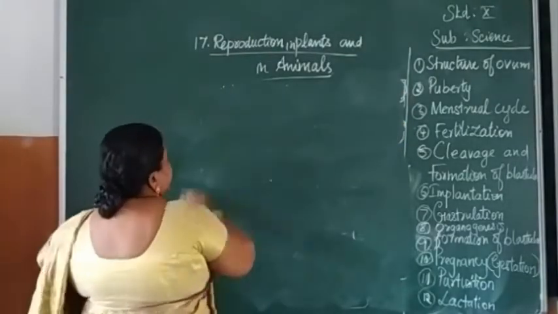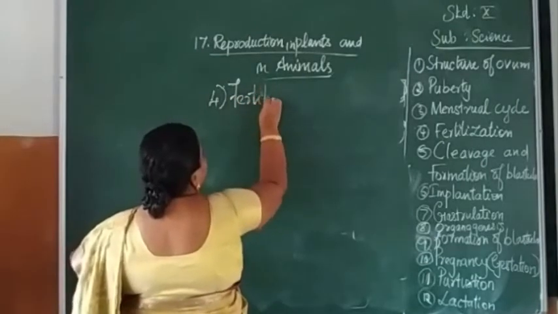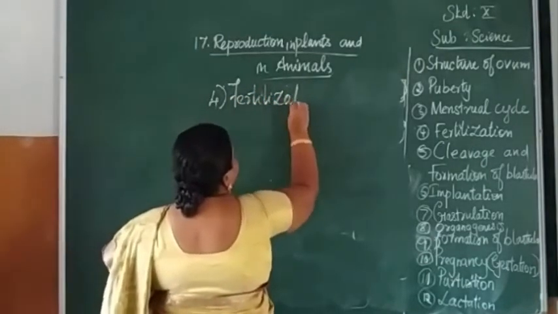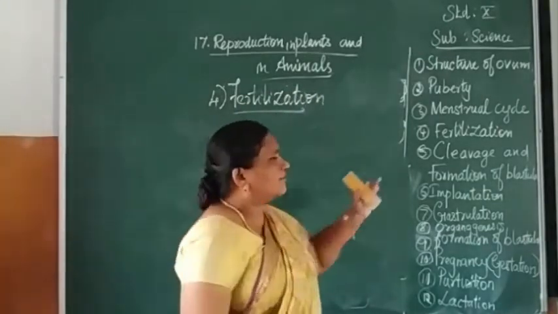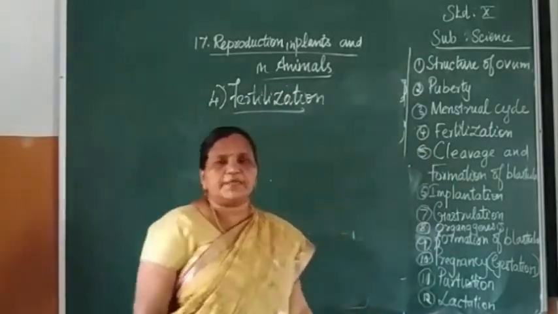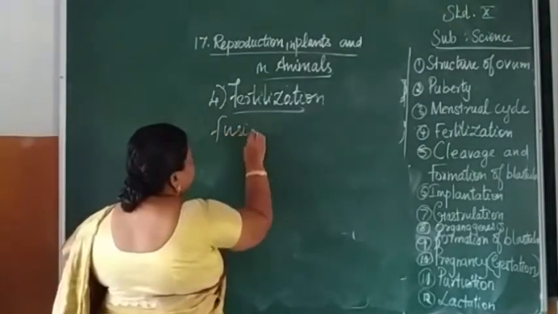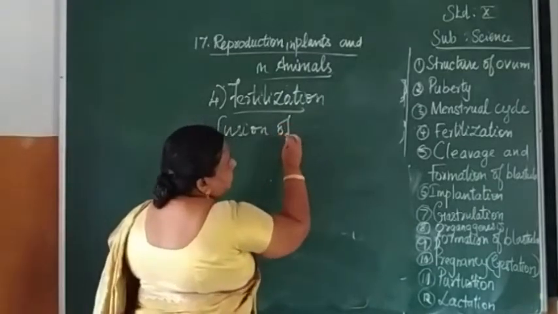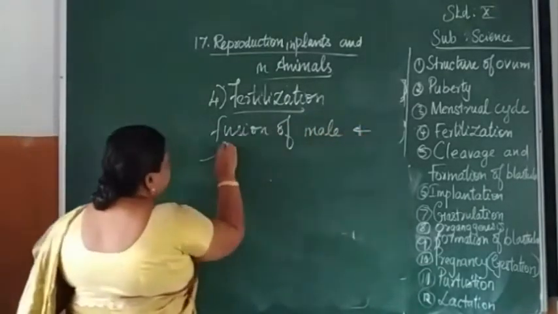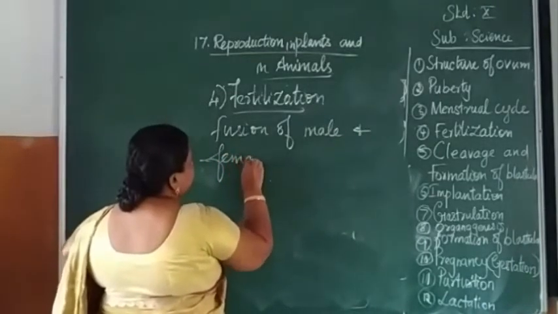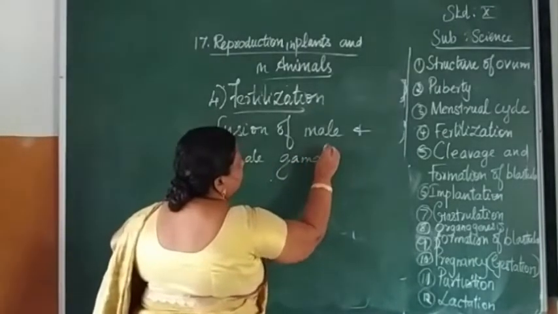Fourth phase, fertilization. In this phase, fusion of male and female gametes will happen. So fertilization means fusion of male and female gametes, that means sperm and the ovum.